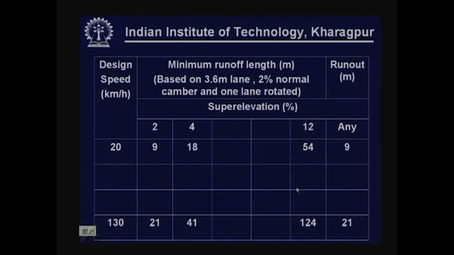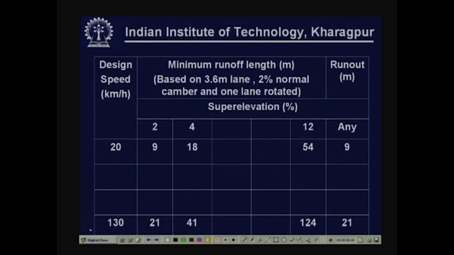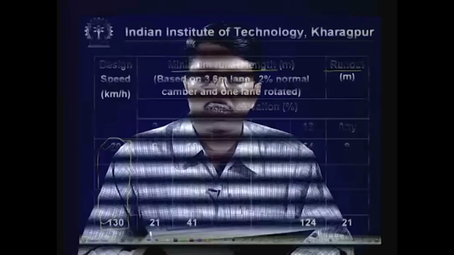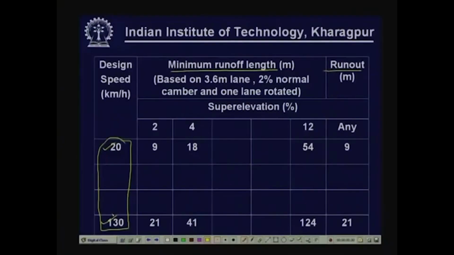Now, we have discussed two aspects, minimum runoff length and minimum runout length. Both of them are predominantly a function of the design speed. So, values can be estimated for different design speeds from 20 km per hour to 130 km per hour, and they also depend on the maximum super elevation rate.